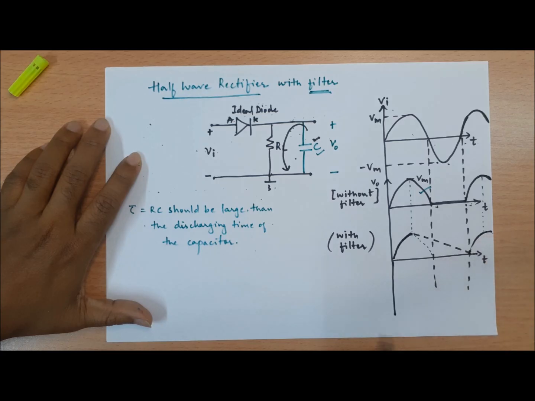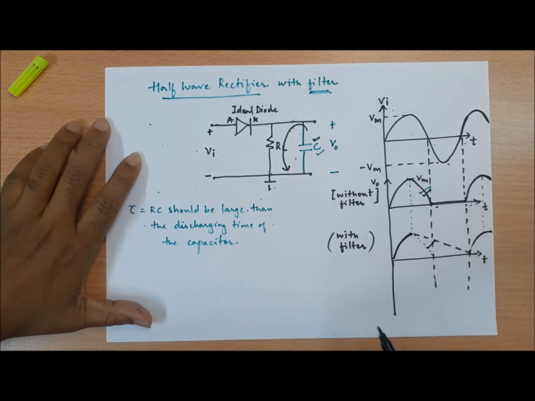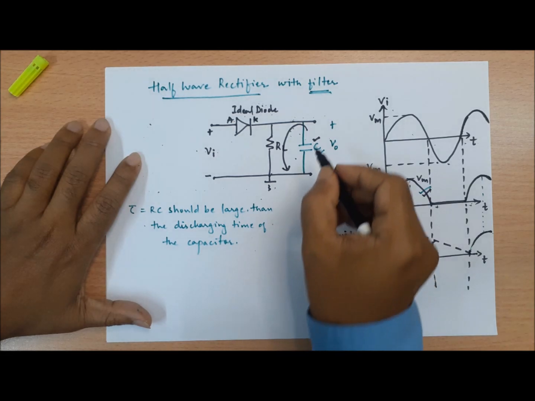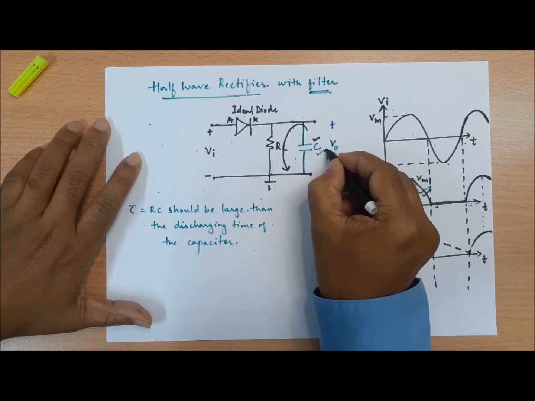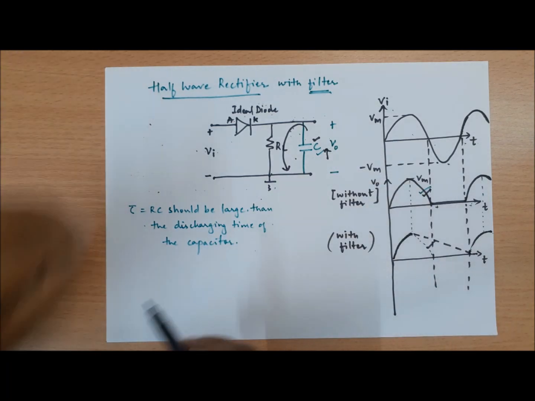Now, what is the difference between this waveform and this waveform? It can be very clearly observed that with filter the ripple content has been reduced to a great extent. Now, can it be reduced still further? Yes. As we go on increasing the value of the capacitor, the ripple contents go on reducing.